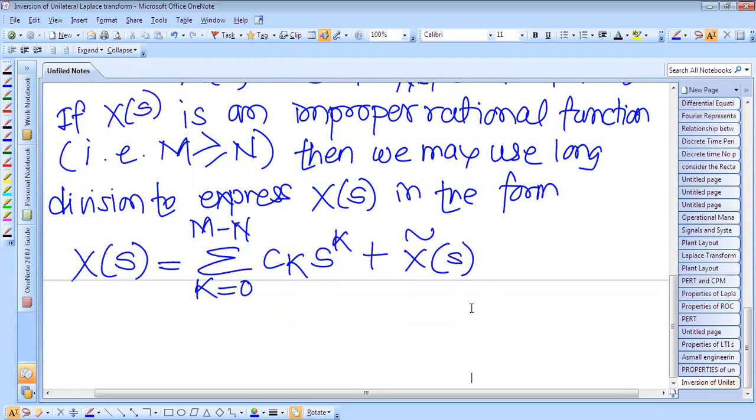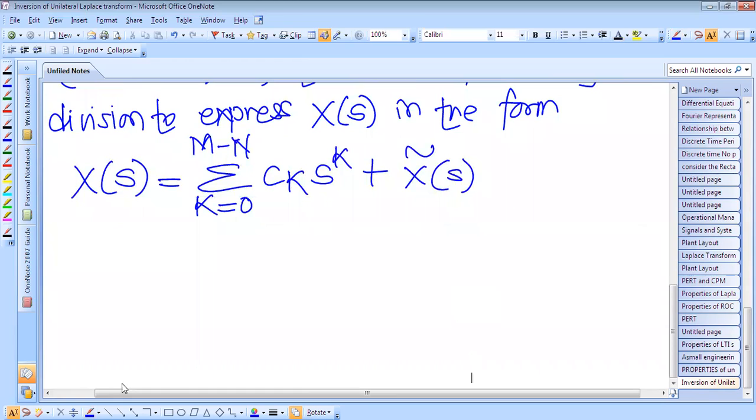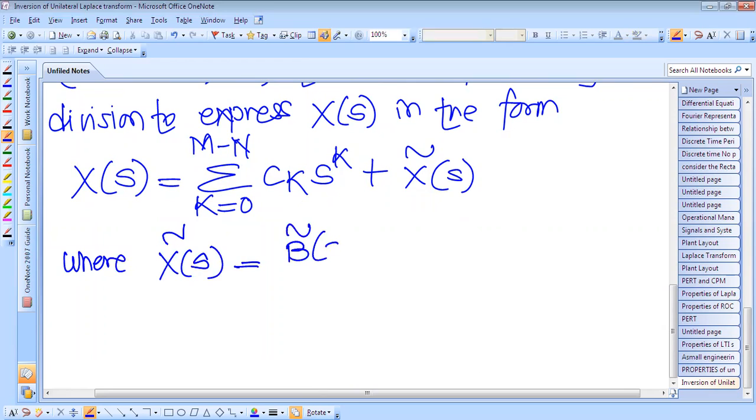Here X tilde of s is equal to B tilde of s over A(s).